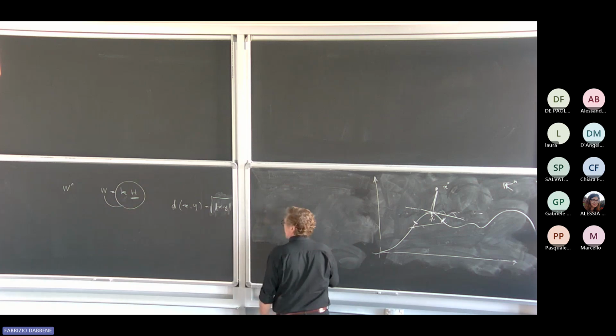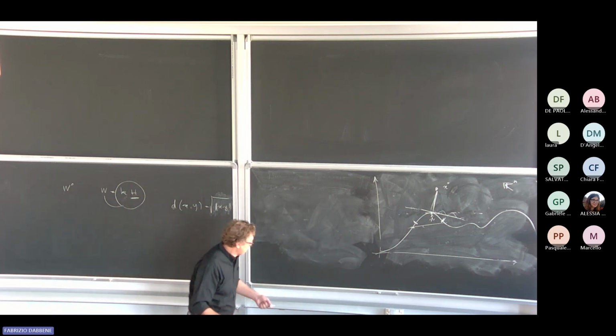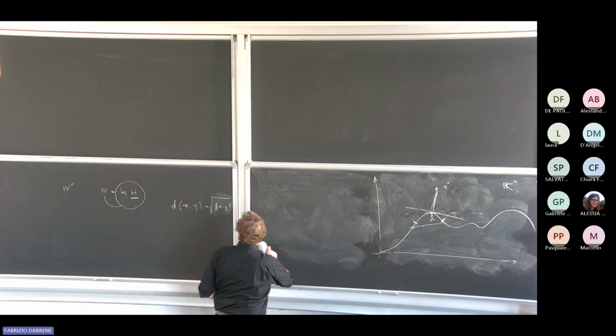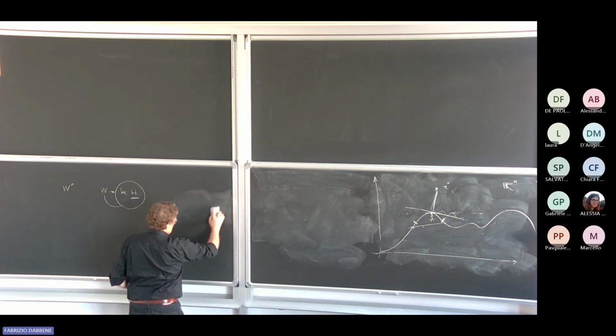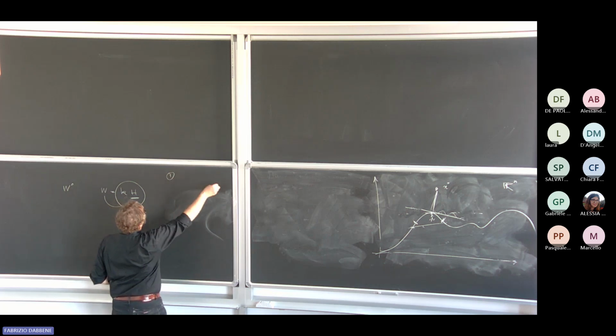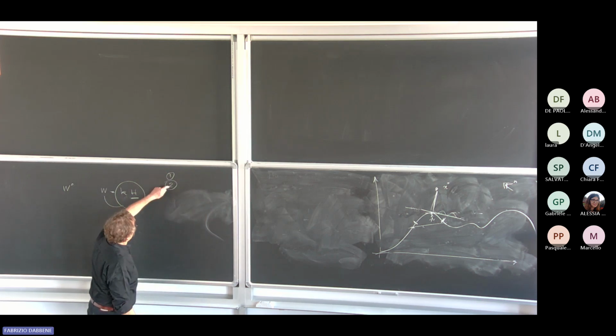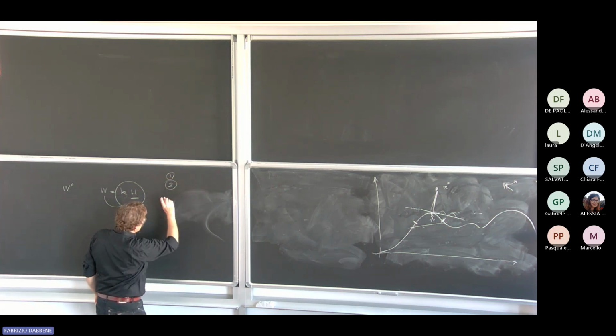Help me. What's the definition of a norm? Now, a norm is a function from whatever to R plus, such that the triangular inequality holds. I will not write everything. And then the second thing is that the norm of x being 0 means x is 0, and it separates points.